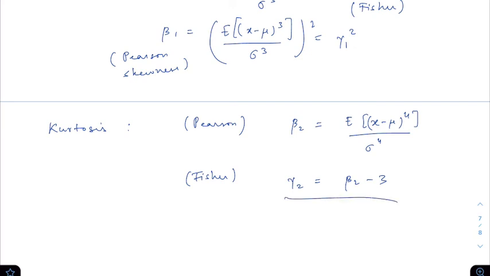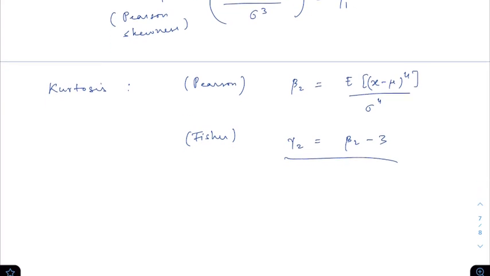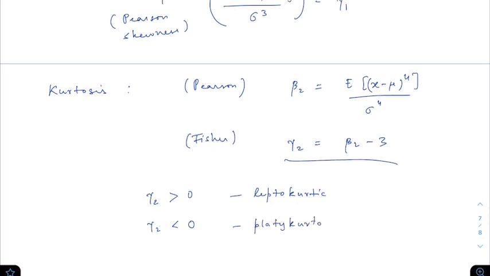Now for a probability distribution function which has gamma 2 greater than 0, we call it leptokurtic, and when gamma 2 is negative, we call it platykurtic. These two basically describe whether the PDF is less or more peaked than a Gaussian, or whether they have higher or lower tails.